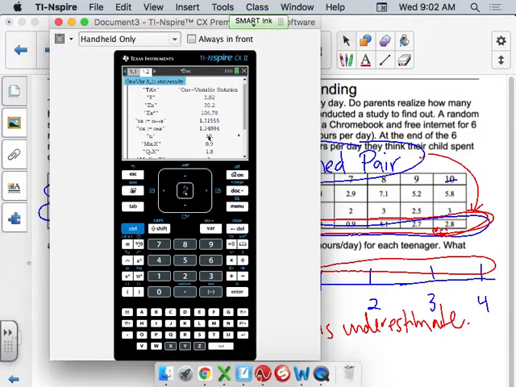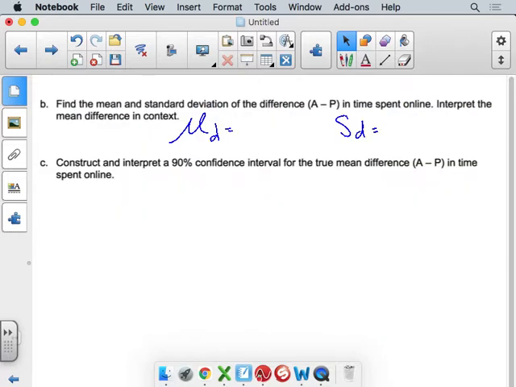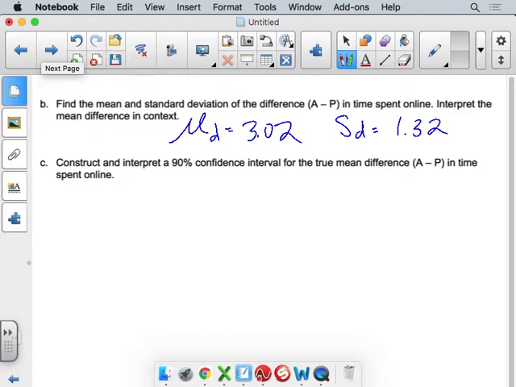Which matches what I did before, so that's great. So 3.02, 1.315, so I'll go 1.32. So on my mean and standard deviation, I've got 3.02 and 1.32.